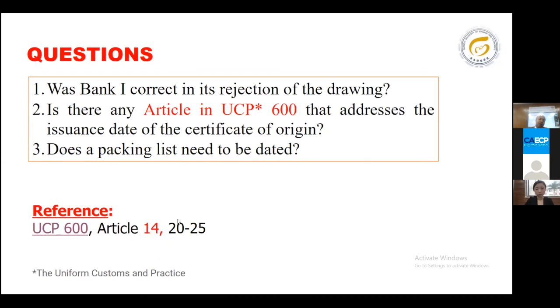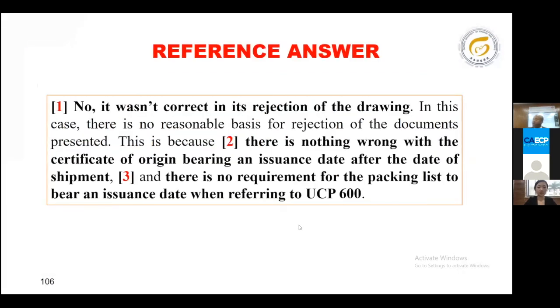It's also somehow mentioned in Articles 20 and 25, but Article 14 is the one that is very strong there. So the answer to this is that the bank that was rejecting the drawing was not correct in its decision.